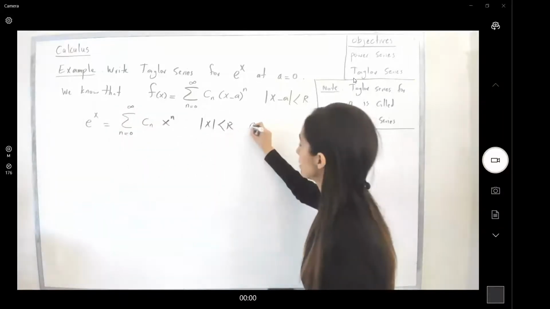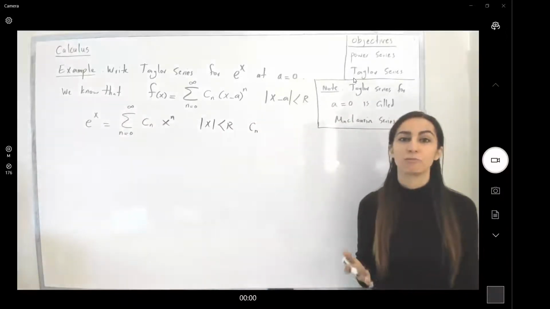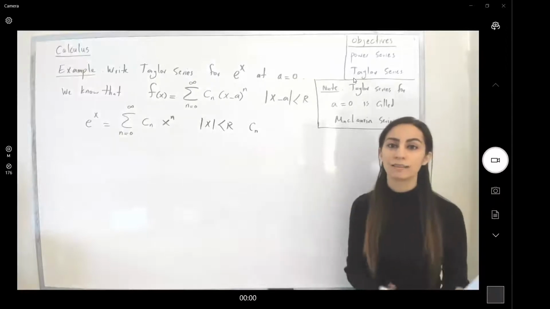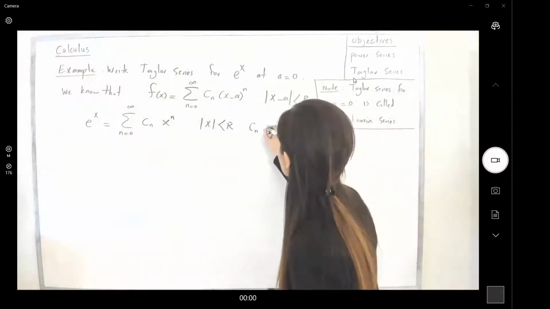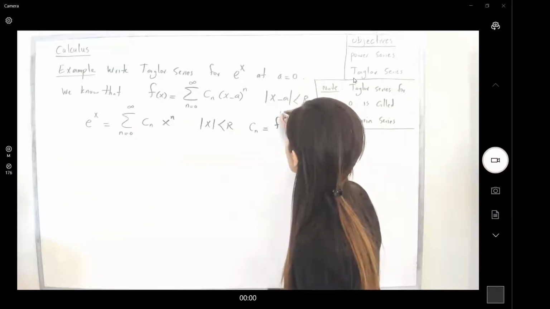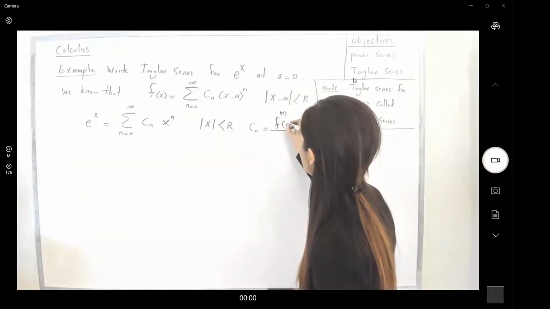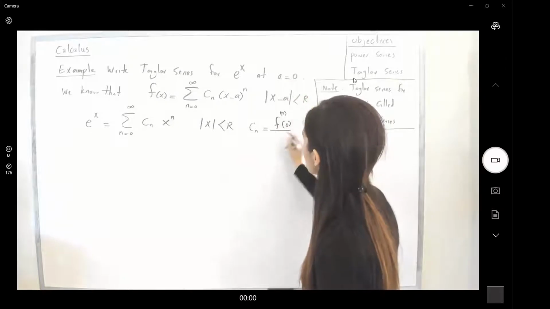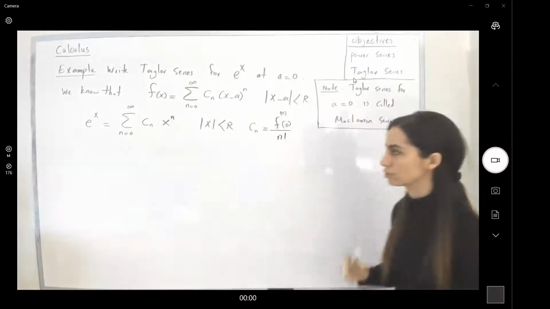And we define Cn. Guys, the definition is important. You always have to look at the definition. Cn is defined as the nth derivative of the function evaluated at a, our a is equal to 0, divided by n factorial.